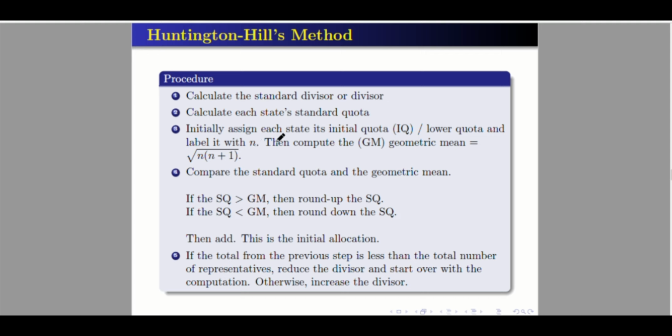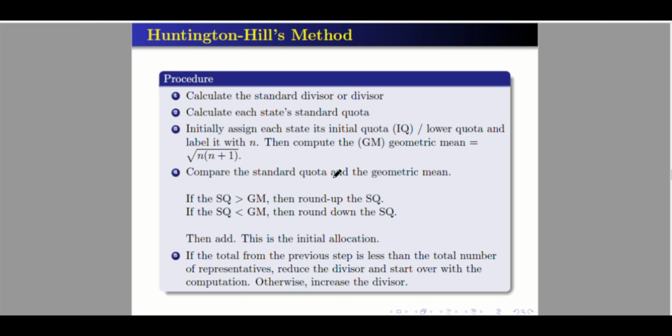But in step 3, we must also compute now the geometric mean, which is computed with this formula. After which we will compare the standard quota and the geometric mean.